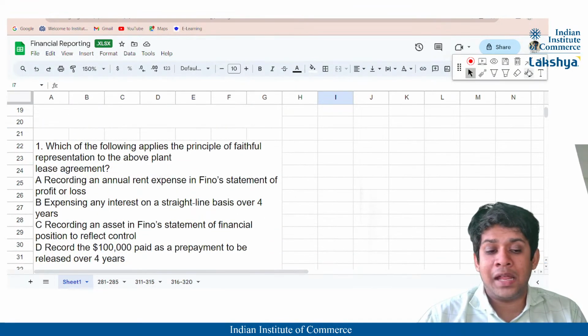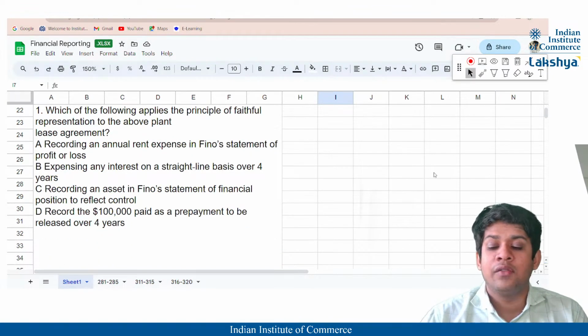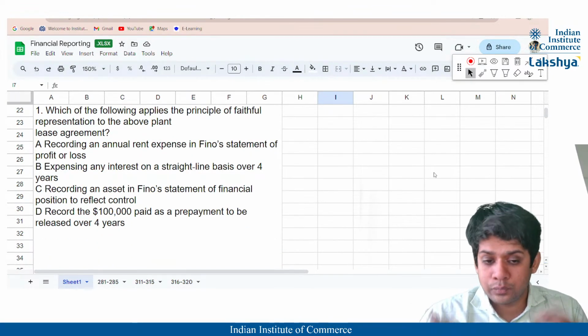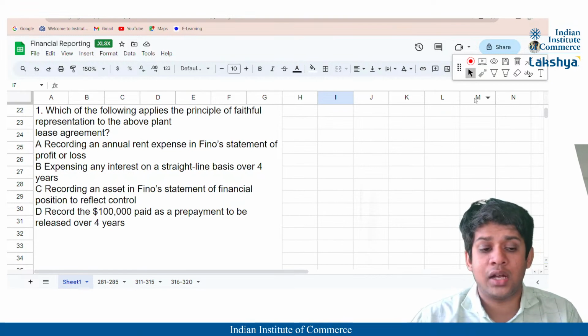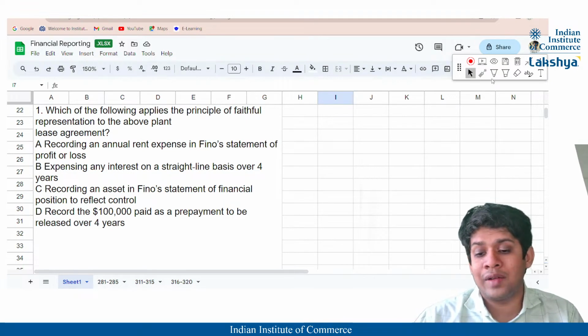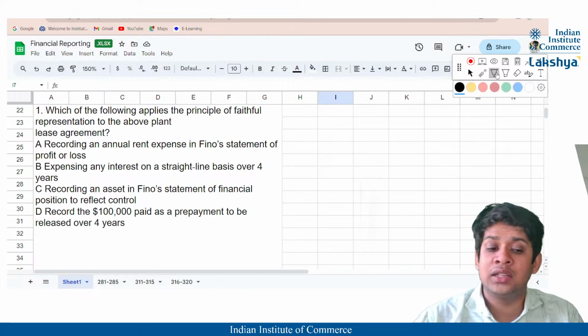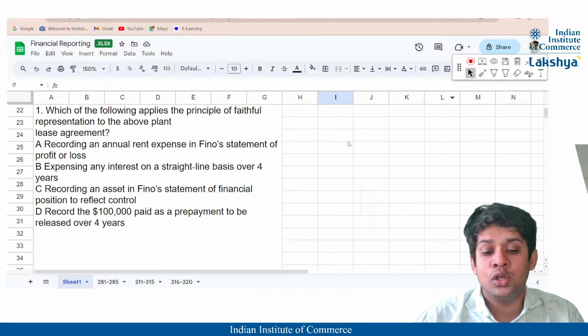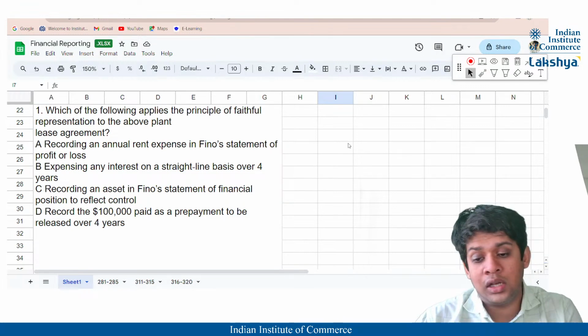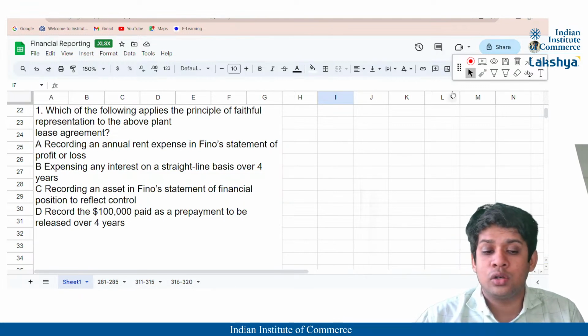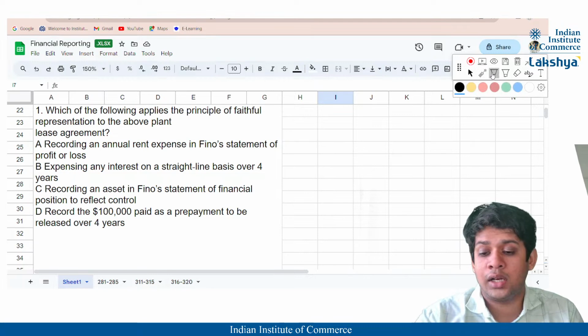Okay, you take to your P&L when there is actually a short-term lease or when there is actually a low value asset, right? So when there is a short-term lease or a low value asset, you apply the recognition exemption if you remember. And in that recognition exemption, you take a certain amount every year in the P&L, correct? So the first option is not right, correct? It is wrong.